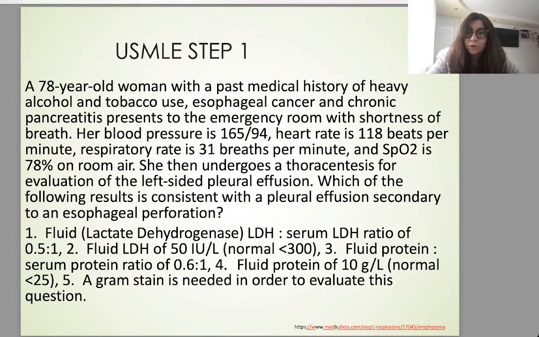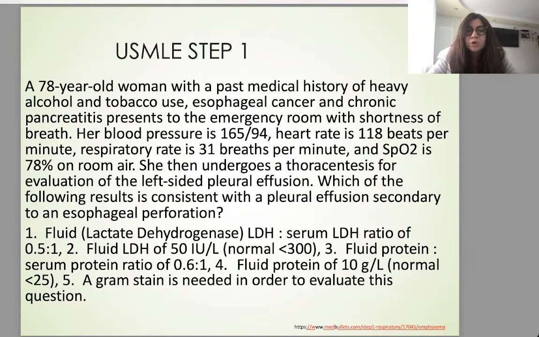Options for this question. First, fluid LDH, or lactate dehydrogenase, to serum LDH ratio of 0.5 to 1. Second option, fluid LDH of 15 international units per liter. Normal has to be less than 300.